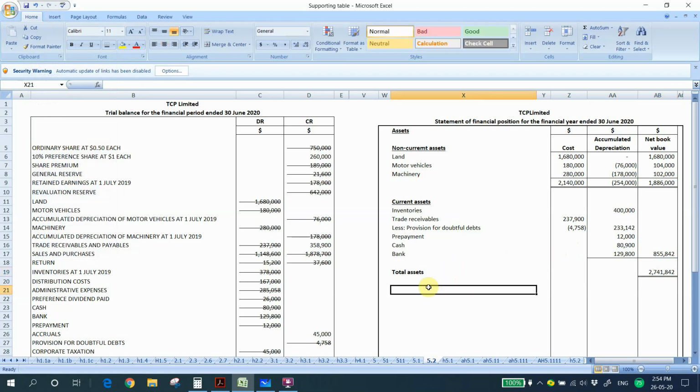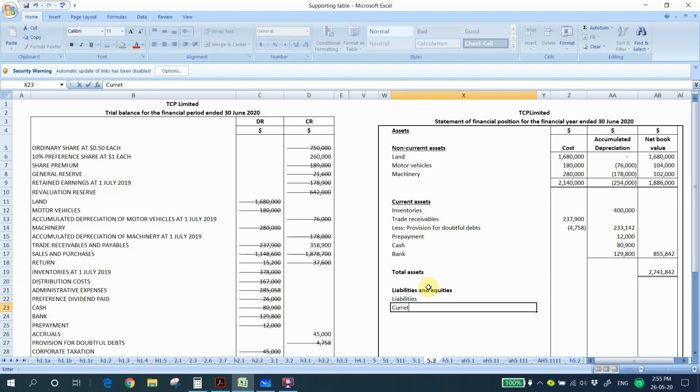Next section, we are going to record liabilities and equities. So we record liability first, and then we start from current liabilities.